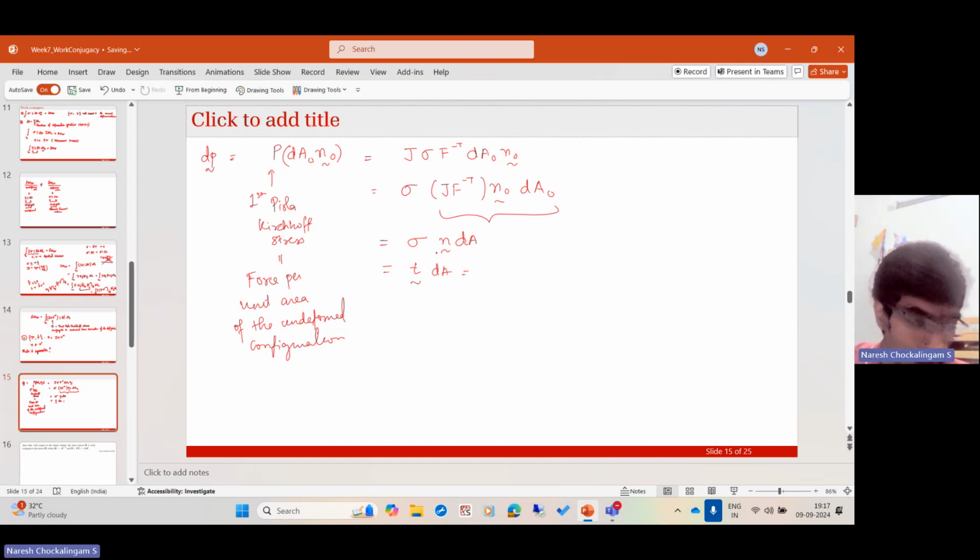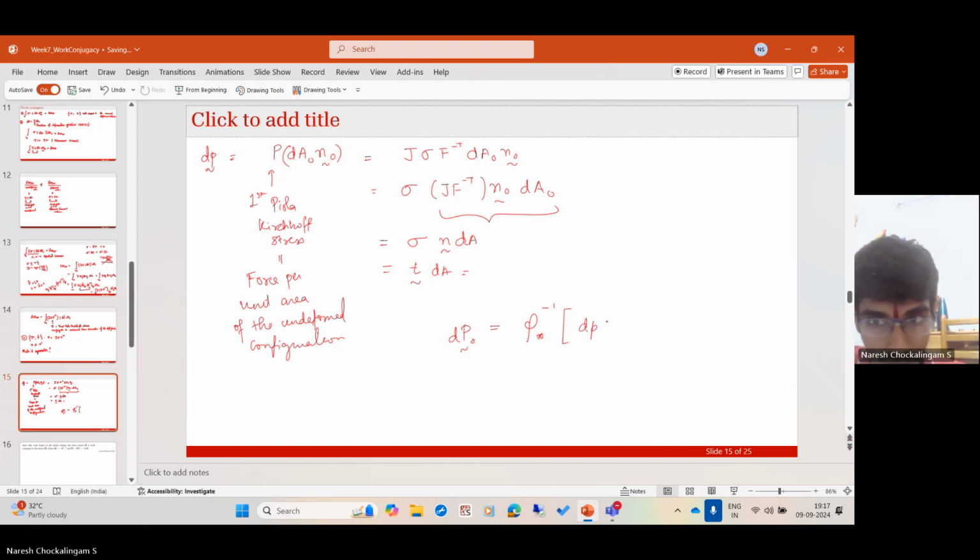Now we can actually pull back this force so that we can define a different force. Let us call it dP naught. Right? This is not a physical force. You are just pulling back the actual force to the reference configuration. So pulling back operation is represented by this, if you have noticed it. In this case, let us use the inverse of the deformation gradient to pull it back.